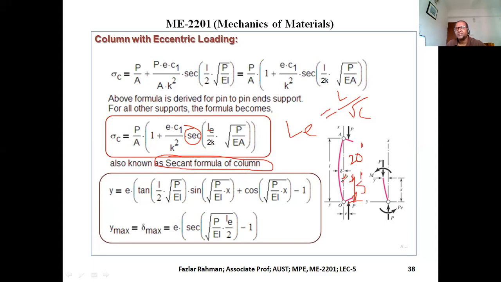How will you figure out this deflection value of y? This is our y equation, right? You just put x equal to 5 inches over here, and it will give you the value of y. And y max, the maximum deflection, is at the midpoint.